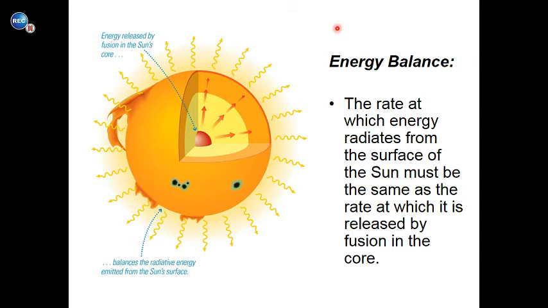Over longer periods of time, it does tend to produce slightly more energy as time goes on. It warms up, in a sense. But over short periods of time, there's this negative feedback between the gravitational contraction and the rate of fusion.